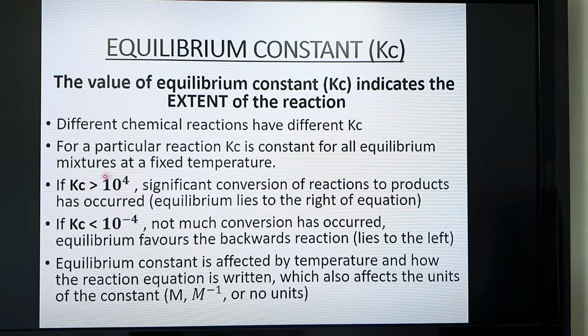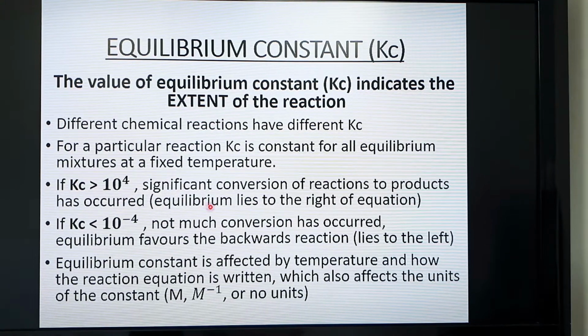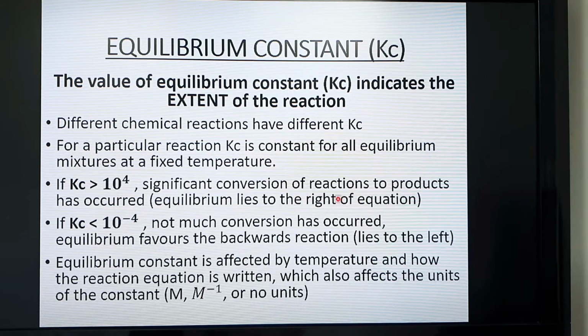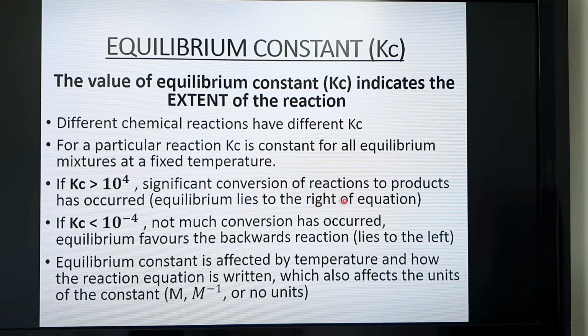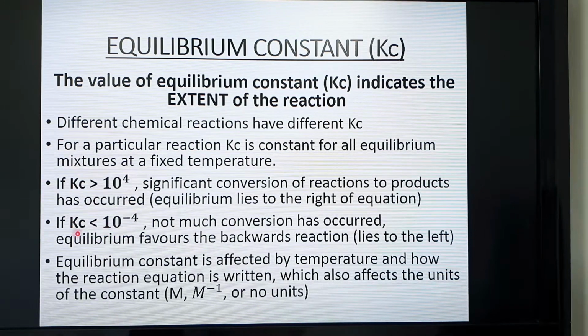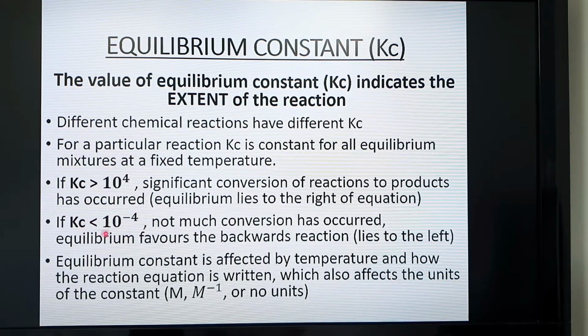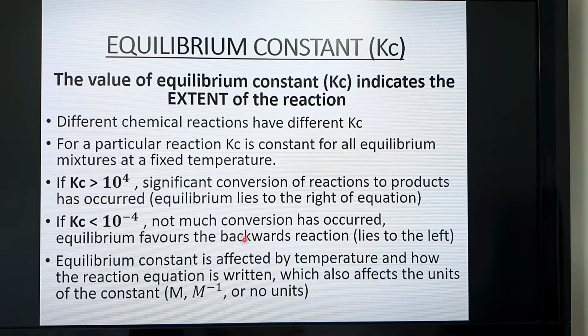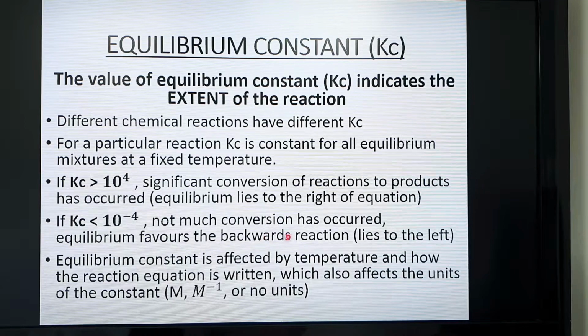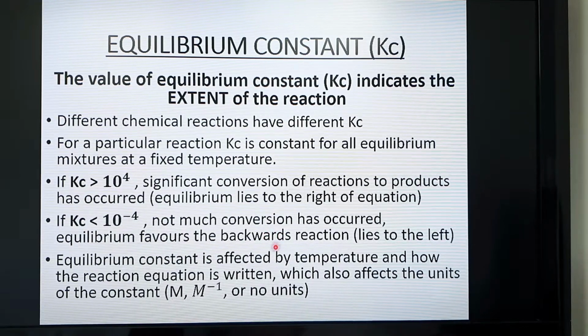In the top case here, we're saying that the equilibrium, or the extent of the reaction, lies to the right of the equation, so there are more products favored. If you get values in this range, we're saying that the reaction favors the backwards reaction, and we don't have much conversion of the reactants into the products.